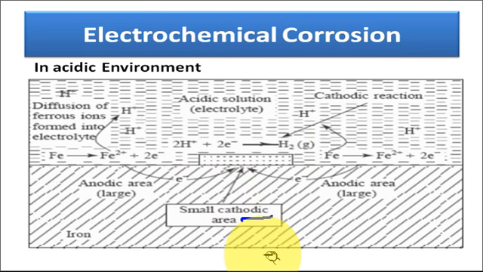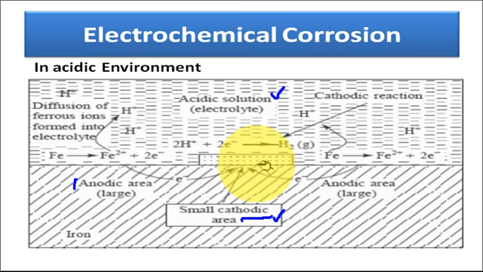So as the metal surface comes in contact with the acid drop, two types of areas are formed. One is the large anodic area, where the acid drop is not present, while the second one is the smaller cathodic area where the acid drop is present.